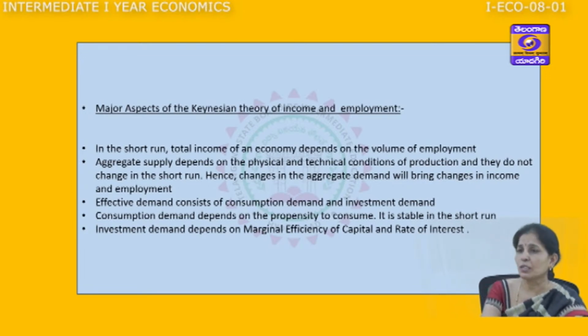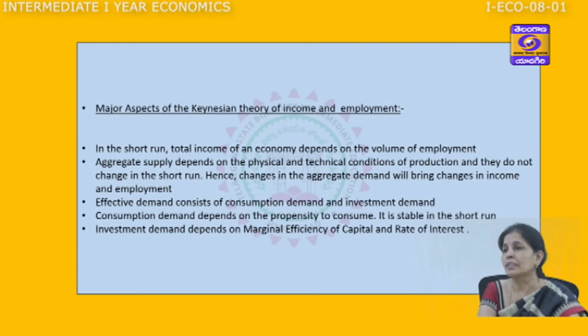The second point talks about aggregate supply, which depends upon the physical and technical conditions of production that do not change in the short run. In the short run, the aggregate supply cannot be changed. The aggregate supply depends upon the physical output of goods and services, and this depends upon the technical conditions or development of technology.